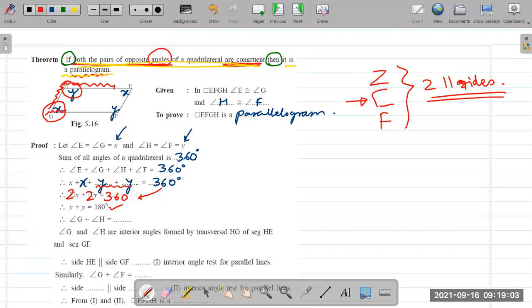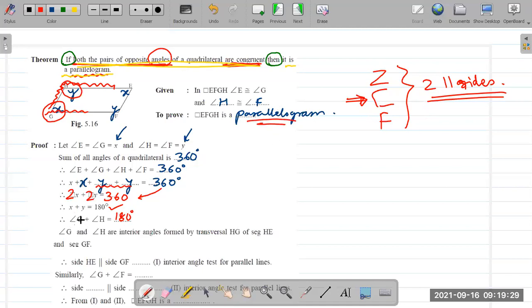Since we have got 180 degrees, we can say that the pair of angles is interior angles. C formation means interior angles. If the angles are interior, then the lines are parallel, and if the lines are parallel, then it is a parallelogram. That is how we are going to prove that this is a parallelogram.